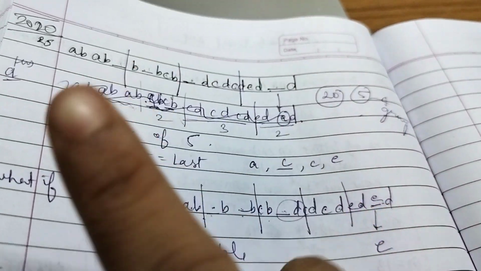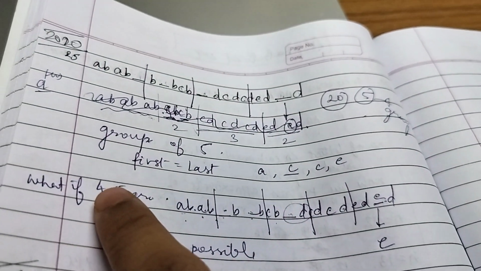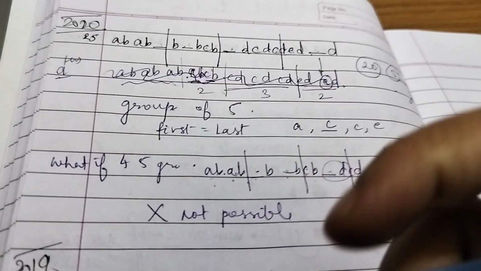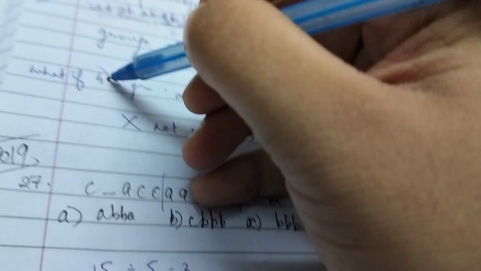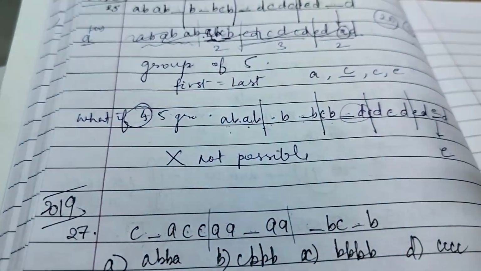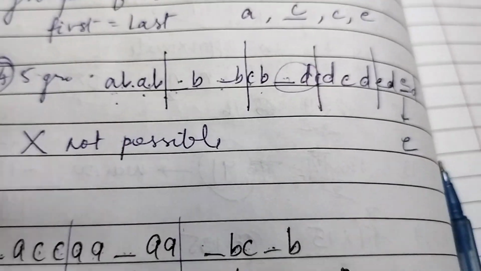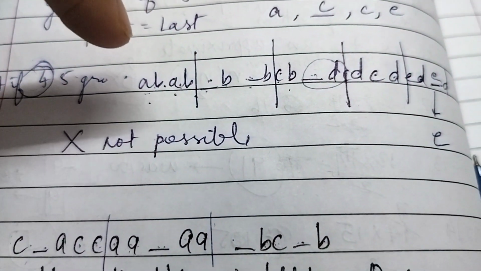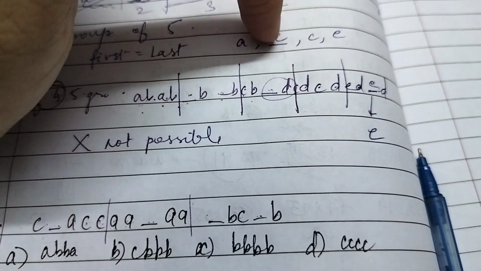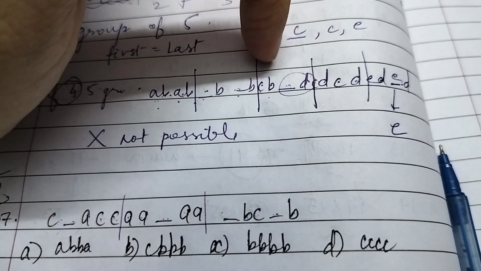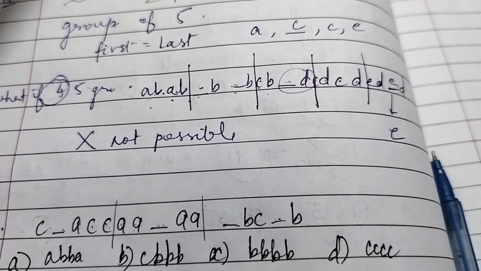5 worked here, because it's a group of 5, but what if I would have thought that it's a group of 4, with 5 groups, right? So okay. That wouldn't have worked, because now here it's AB, but here it's CB, then D. So that basically doesn't form a pattern.